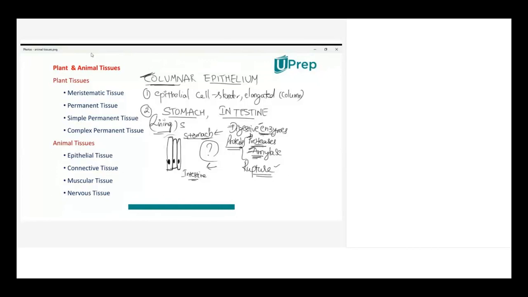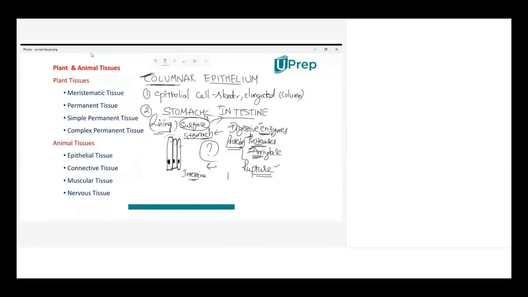The surface of the stomach and the inner surface of the intestine is with these kind of columnar epithelial cells. So when these cells are there, they will resist or protect the stomach and intestine walls from getting damaged at different pH.